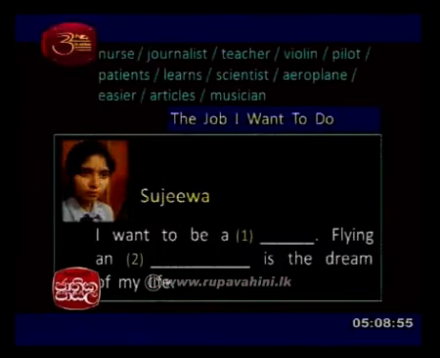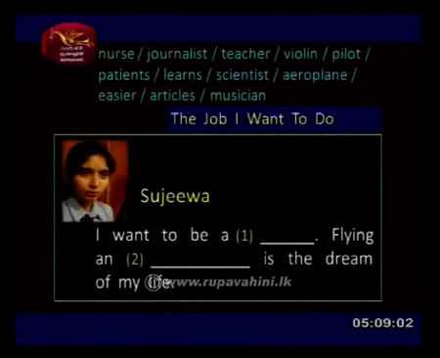Nurse, journalist, teacher, violin, pilot, patience, learns, scientist, aeroplane, easier, articles, musician. Right. Now children, when you read the sentences with the blanks, you can get a clue out of these other words in the sentence, so that you can go for the most suitable word.